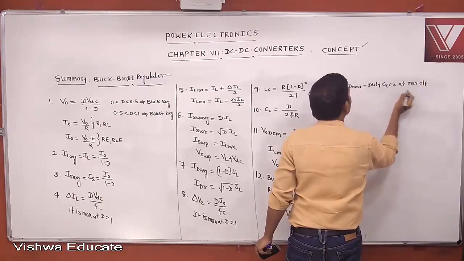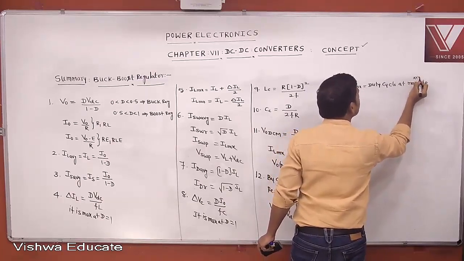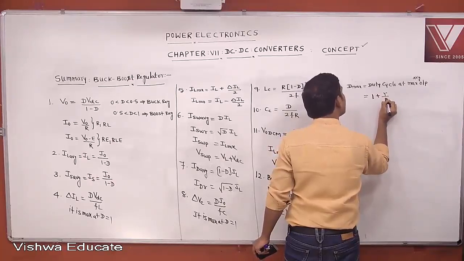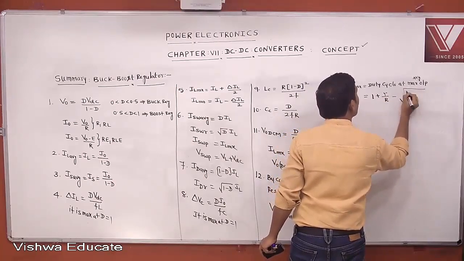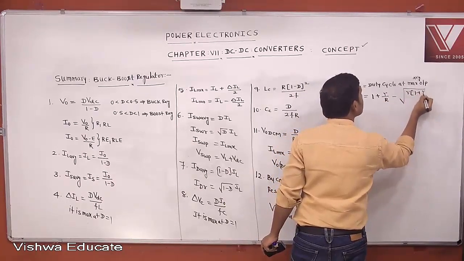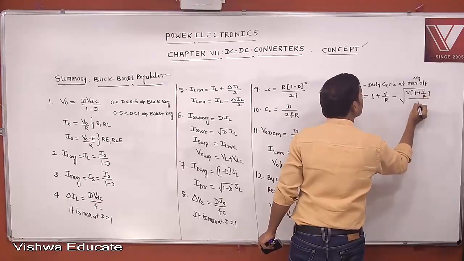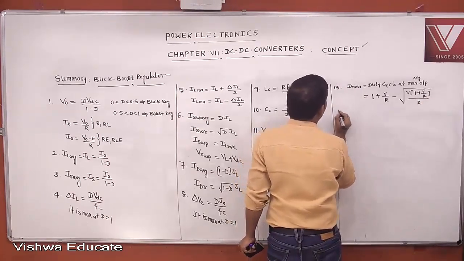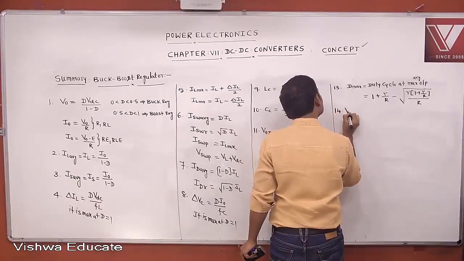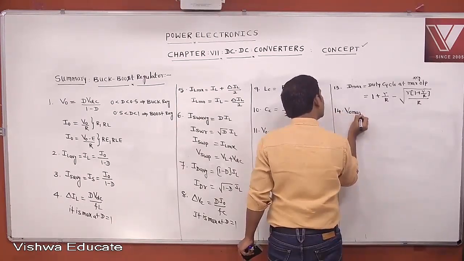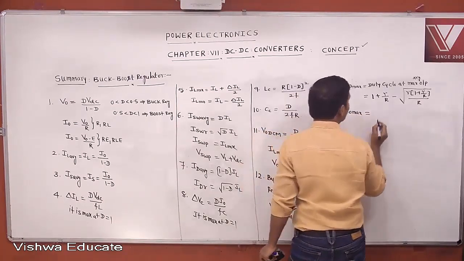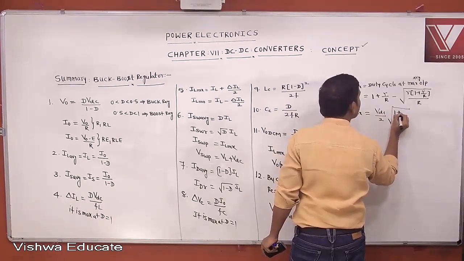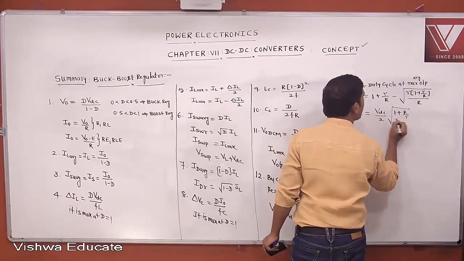D max equals 1 plus small r by capital R minus square root of small r into (1 plus small r by capital R), divided by capital R. Then what is the maximum average output voltage by considering internal resistance of the inductor? VDC by 2 into square root of 1 plus capital R by small r.